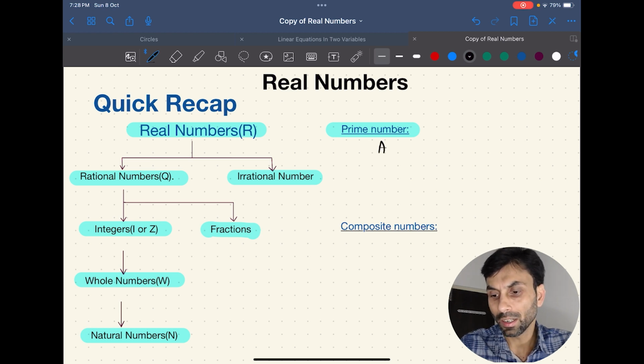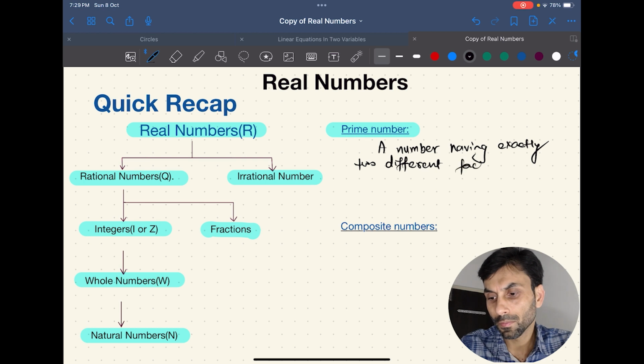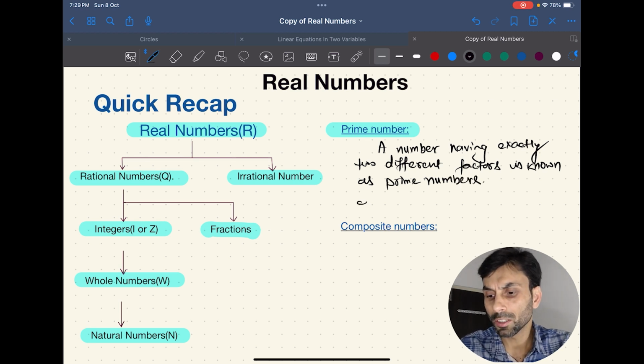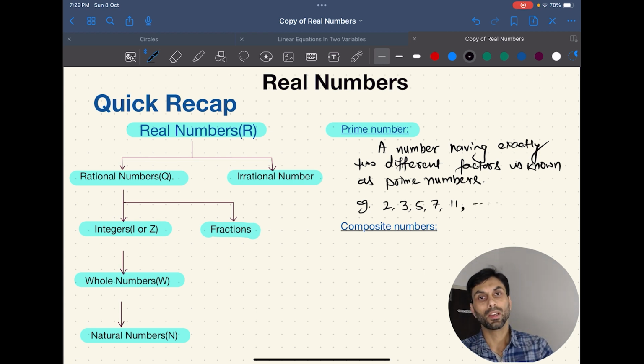So we can say a number having exactly two different factors is known as a prime number. For example, we have 2, 3, 5, 7, 11, etc. Remember, 1 is not a prime number.